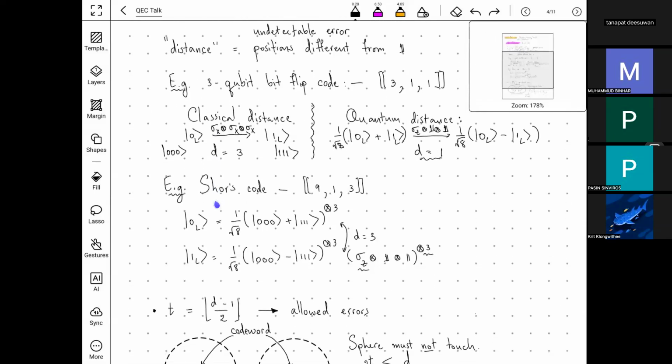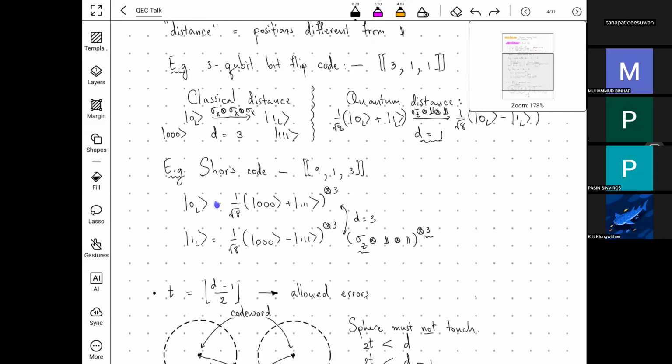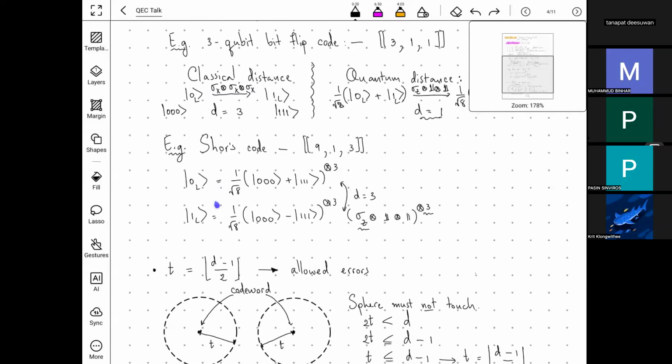Now, the next example that I would bring up is Shor's code. Shor's code is a 9-1-3 code. So 9 just represents the total number of qubits. It's 9 qubits, and it's only used to encode one qubit of information.